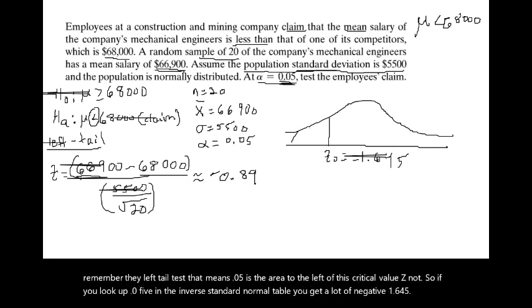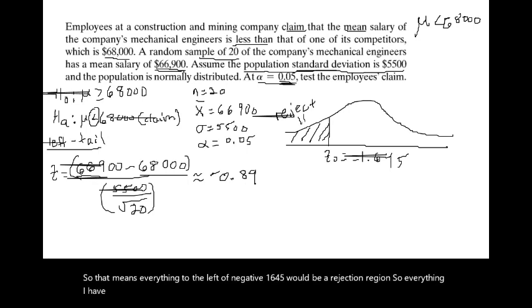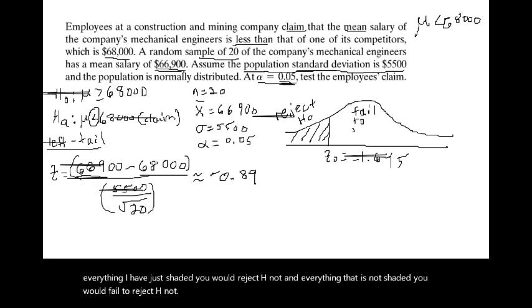So that means everything to the left of negative 1.645 would be a rejection region. So everything I have just shaded, you would reject H naught. And everything that is not shaded, you would fail to reject H naught.